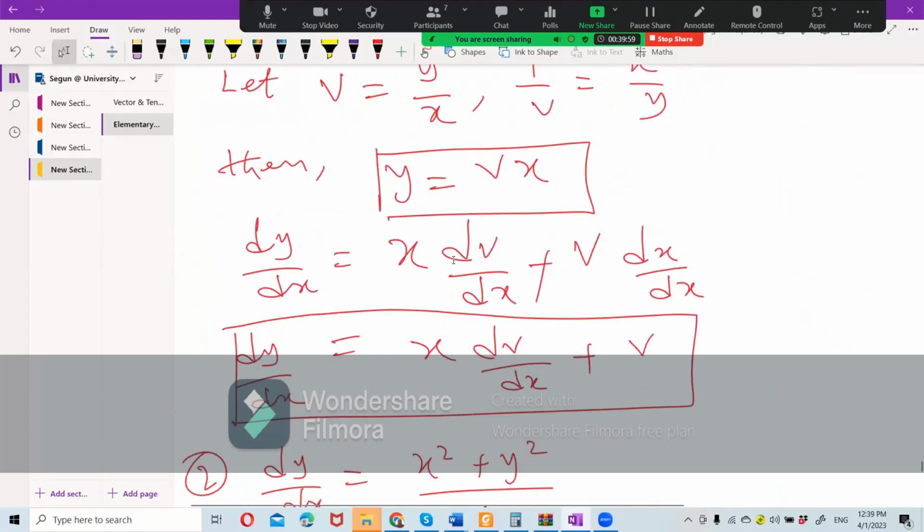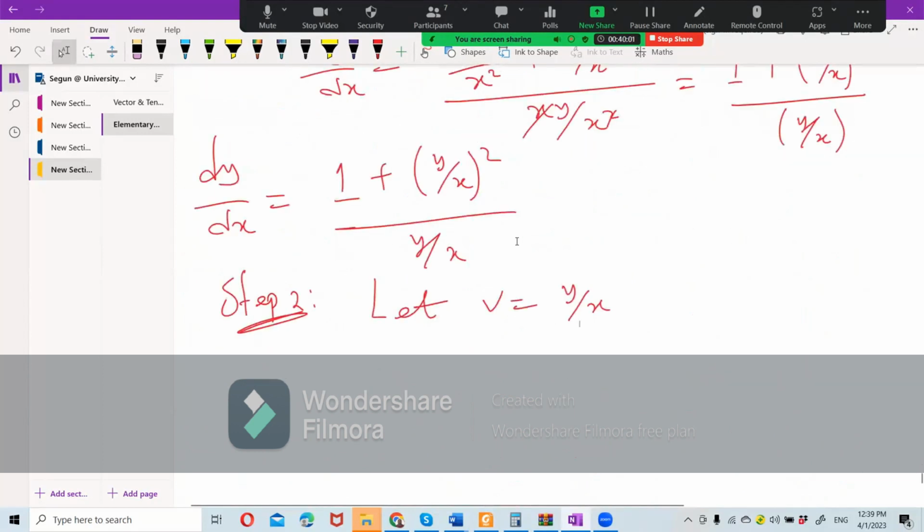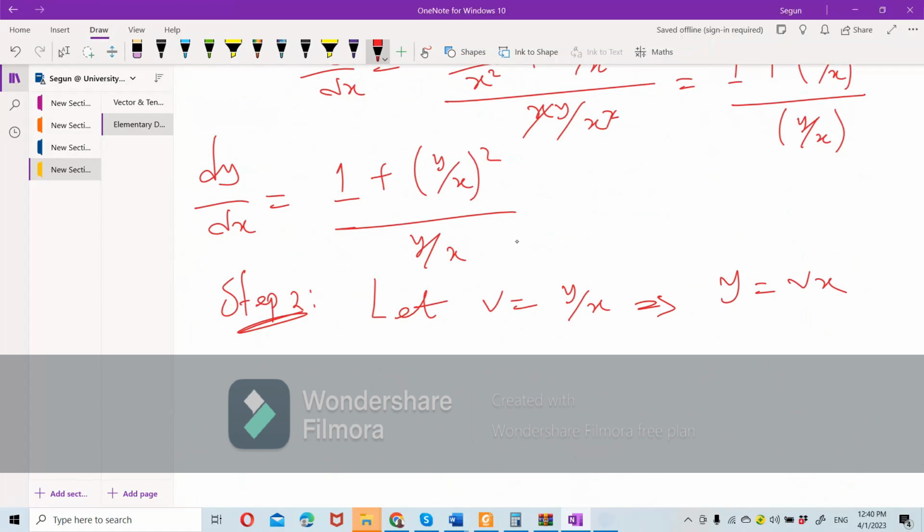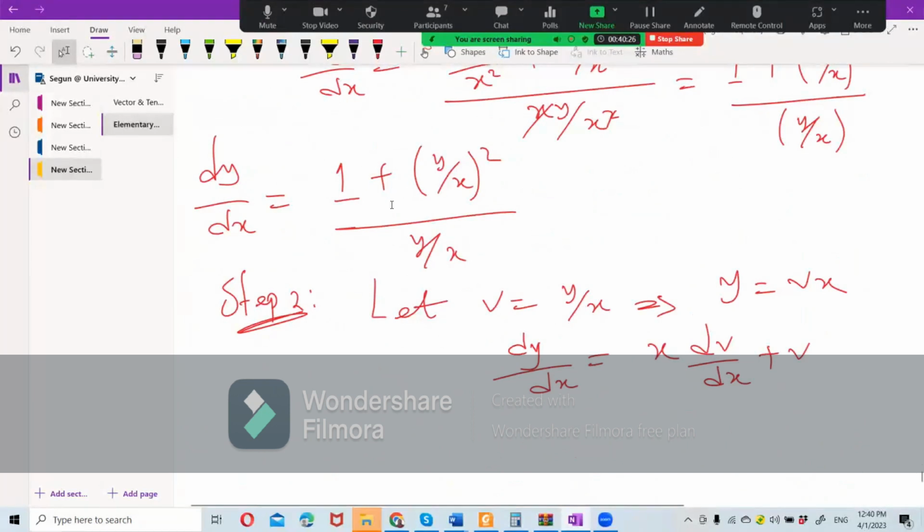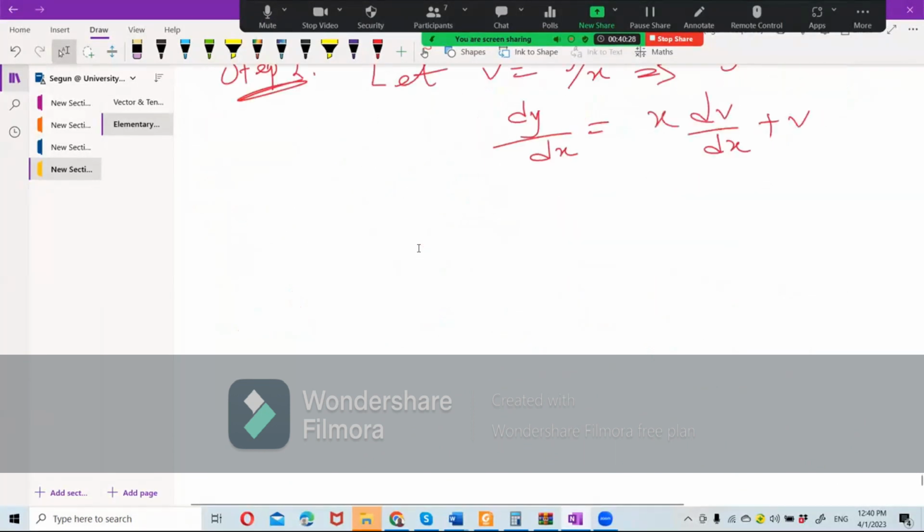So let's proceed from there, which implies y equals vx, and our dy/dx is equals to x dv/dx plus v. So we proceed from there.